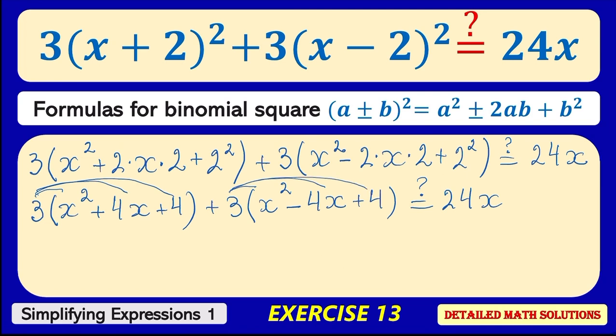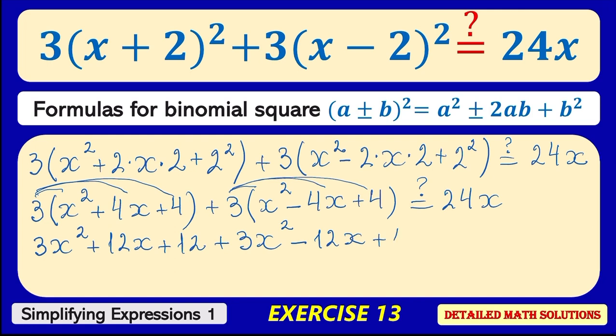When I do that, this equals 3x² + 12x + 12 + 3x² − 12x + 12. And then I need to see if this equals 24x.